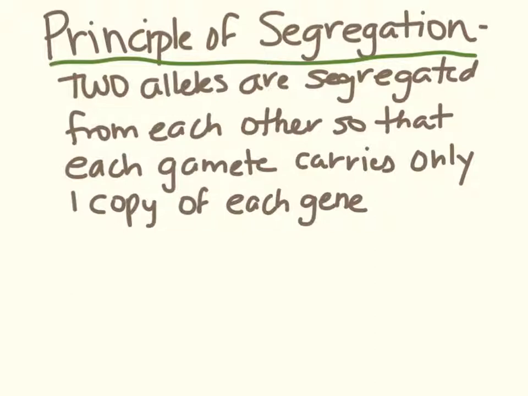One of the reasons he suggested was that the two alleles are segregated from each other during the formation of the gametes, or the sex cells, the egg and the sperm. When they're separated, each gamete will carry just one copy of the gene. Then when fertilization occurs, those two copies of the gene come together and provide the DNA code, or the gene, for a particular trait to appear.